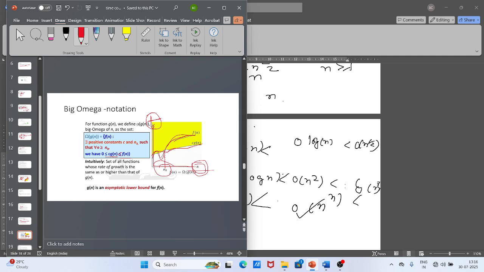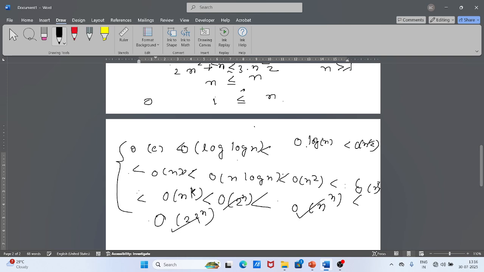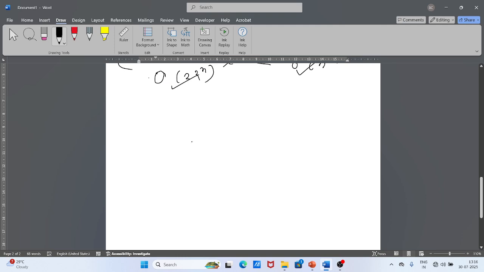Now you can check the example also. If you take 2n square plus n, now you have to find out. Now put the formula.